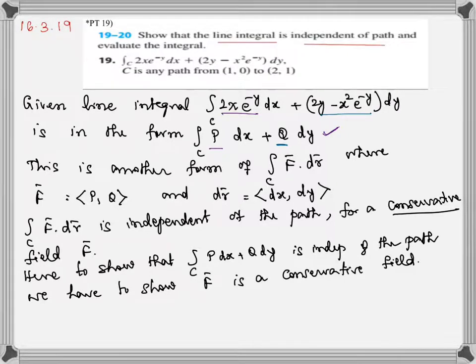In other words, we have to show that partial P by partial y equals partial Q by partial x.